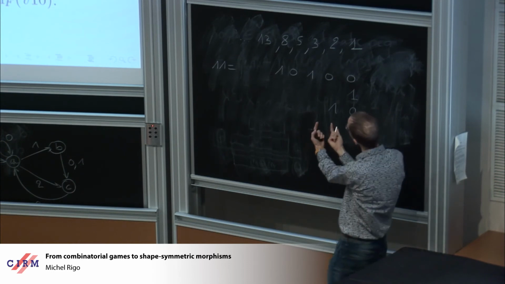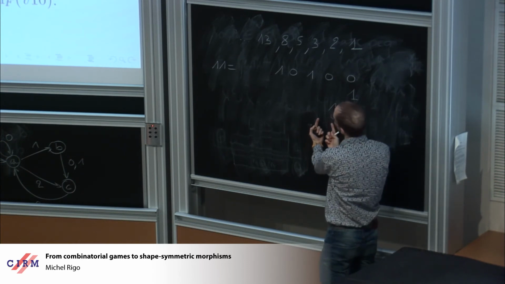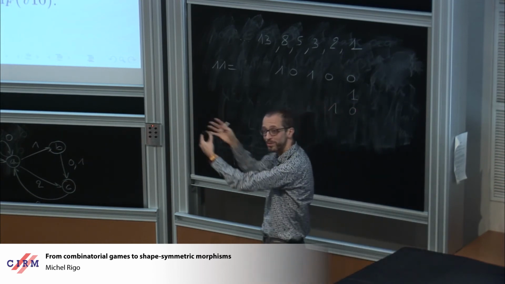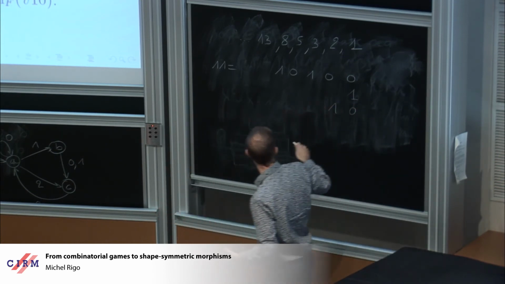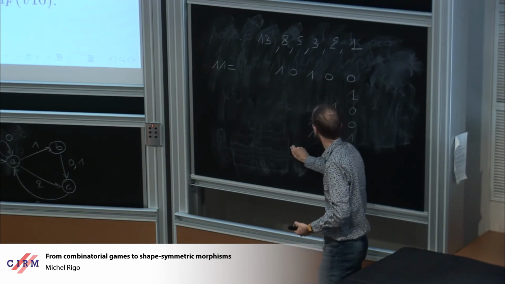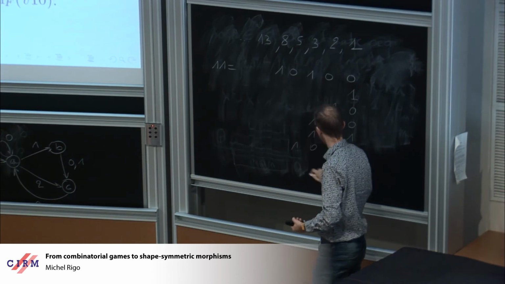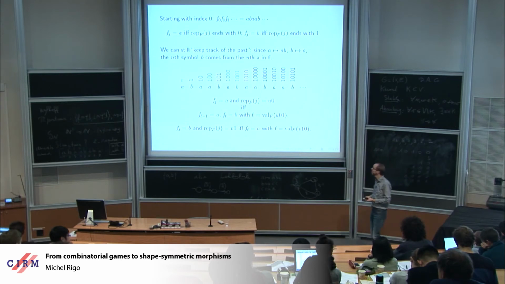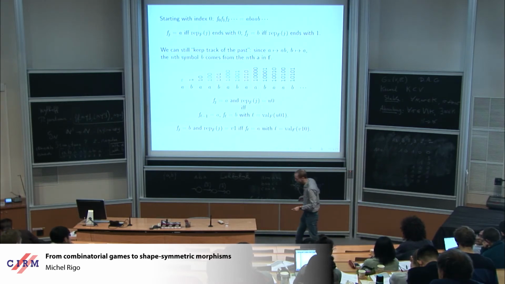Because if you had 2 consecutive 1s, then by greediness, you should have chosen one term larger, right? So 3 is 100, 4 is 101, 5 is 1000, and then you continue like this to produce all the integers. So they are written over here.